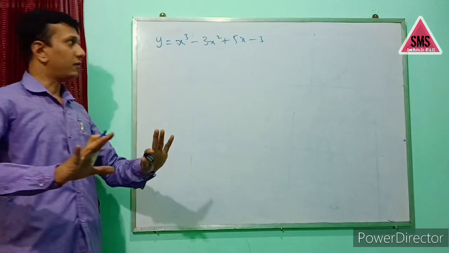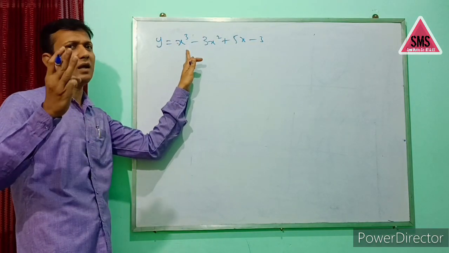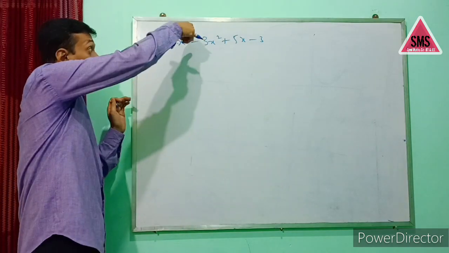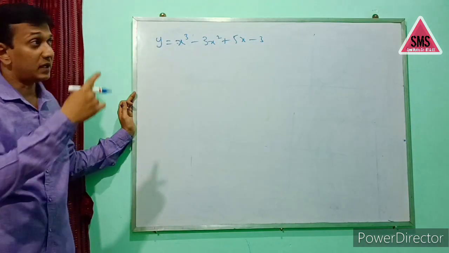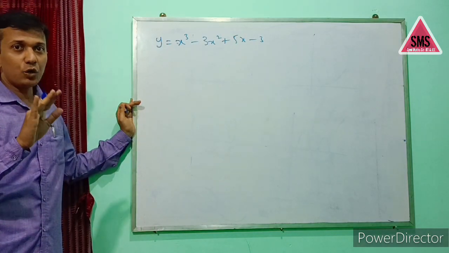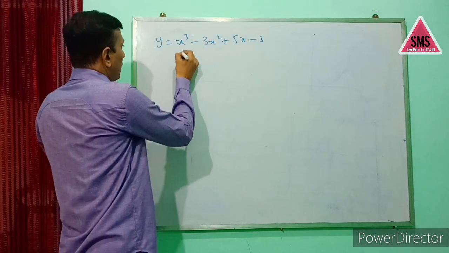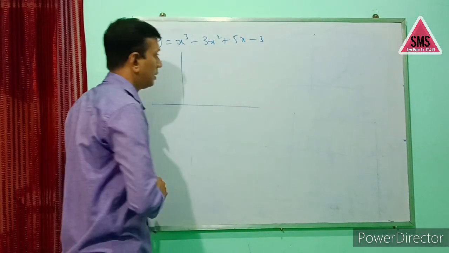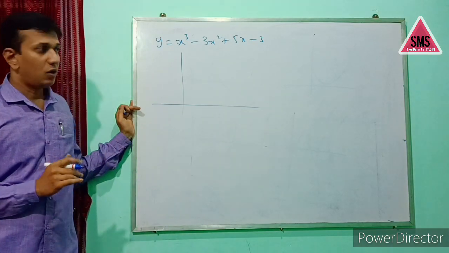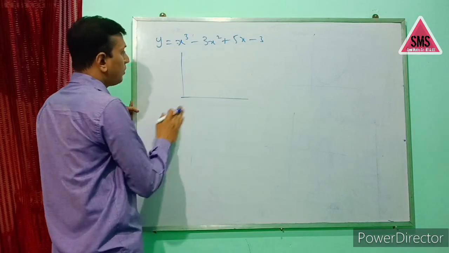You know that it is a cubic polynomial. It generally touches the x-axis at 3 points if it is a cubic polynomial. But for this polynomial, with these coefficients, we have to tell whether it is going to touch at 3 different places. In order to solve this, we should know the zeros of the polynomial.